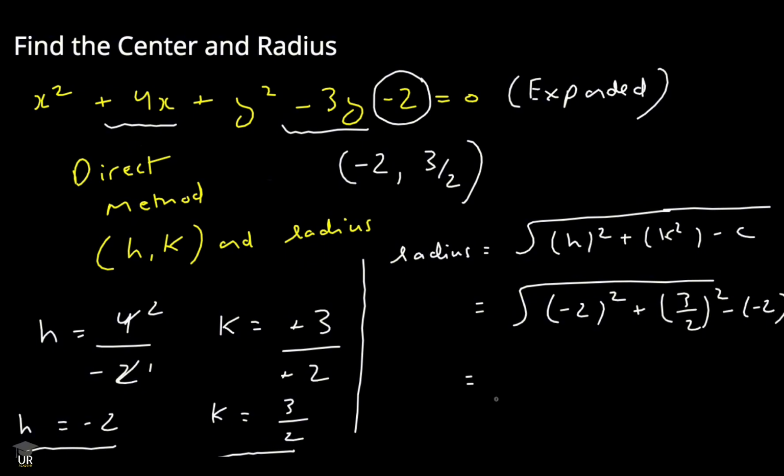So this will become 4 plus 9 upon 4 plus 2. I will put this directly in the calculator and the answer is 2.87. So this is my radius of the circle.